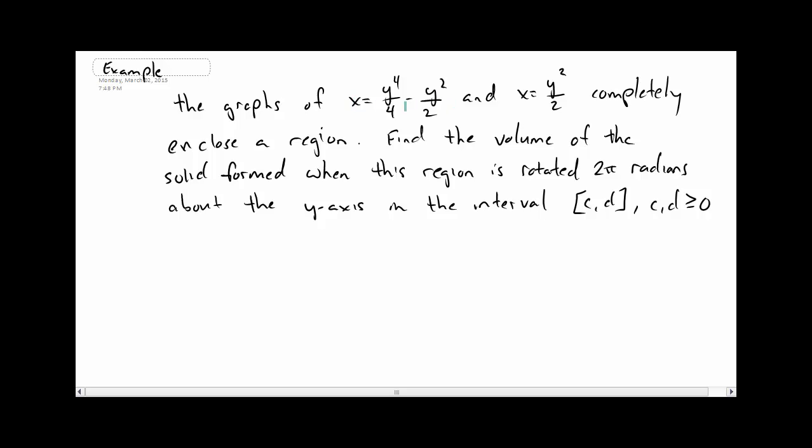Because these are both x equals, these limits of integration, we need to find that y is going to be an element in there. So we need to find the points of intersection. Well, how do we find points of intersection? We equate these two things.